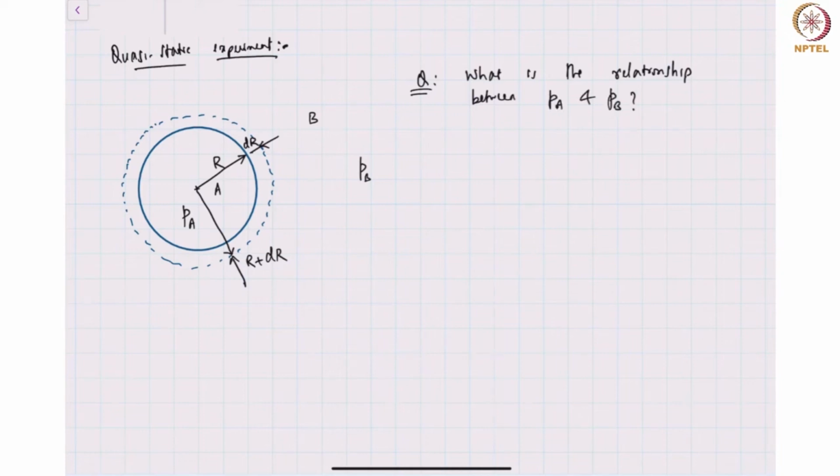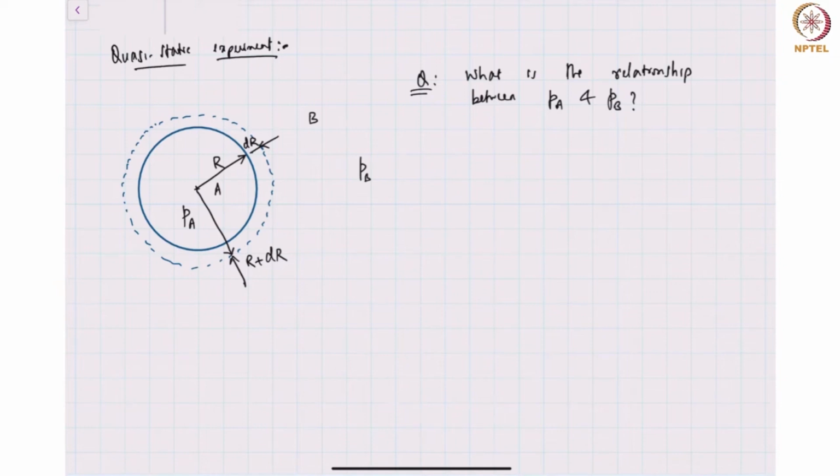Just to quickly recap your memory, when we derived the jump conditions, we said if there was no surface tension, then the pressure across the interface is the same. There is no jump in the pressure. So if there was no surface tension, then PA would be equal to PB, right?